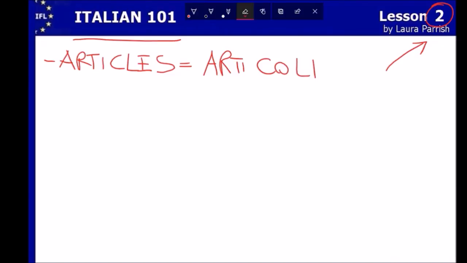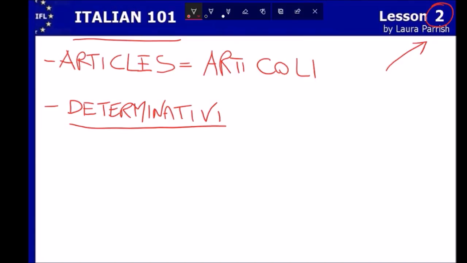And we have two types of articles. We have the determinative. So articoli determinativi, that is what is in English, the cat.